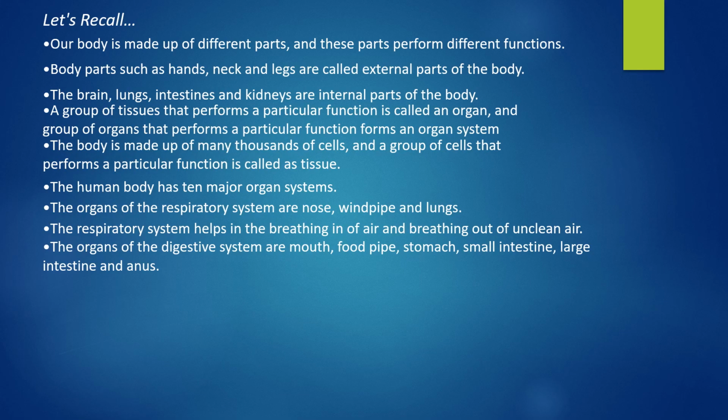The organs of the digestive system are the mouth, food pipe, stomach, small intestine, large intestine, and also the anus. Through the mouth, we chew our food, then it goes through the food pipe and reaches the stomach. In the stomach the digestion process is done, then it goes to the small intestine.